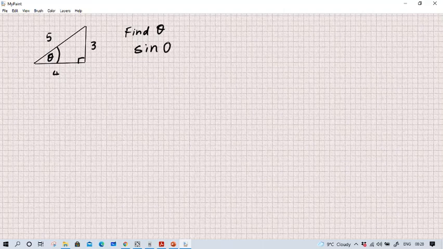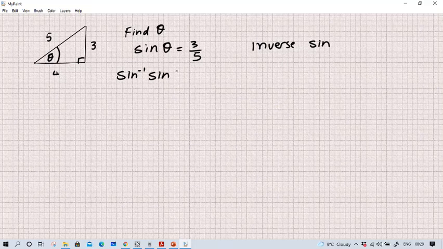Sine of our unknown angle theta is 3, opposite, over 5. We can use the inverse sine function to actually free up the angle. So if we take the inverse sine of both sides, sine minus 1 is the inverse sine of sine theta. That cancels and gives us theta.